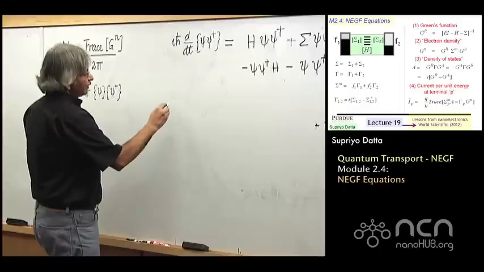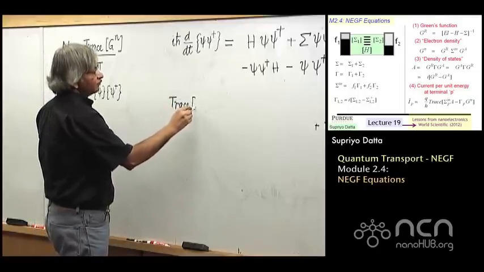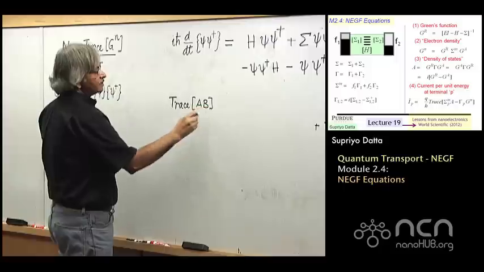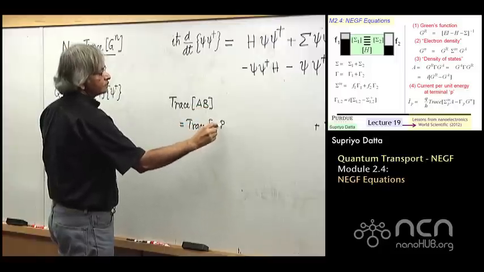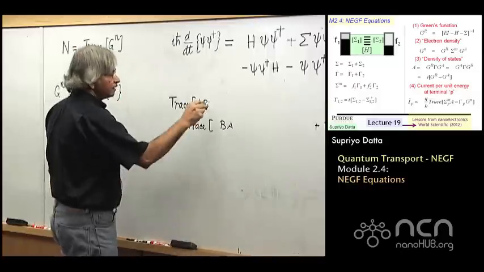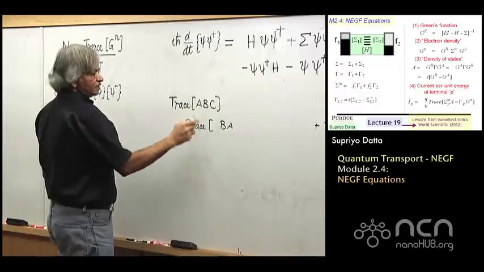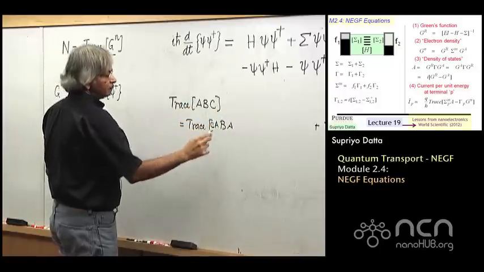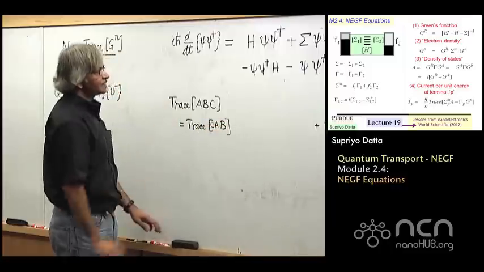One of the important properties of trace is that trace of A times B is equal to trace of B times A. In fact, if it is three things like A, B, and C, then you can rotate it cyclically. So you can bring the C back here and it would look like CAB, etc. So trace has that property.